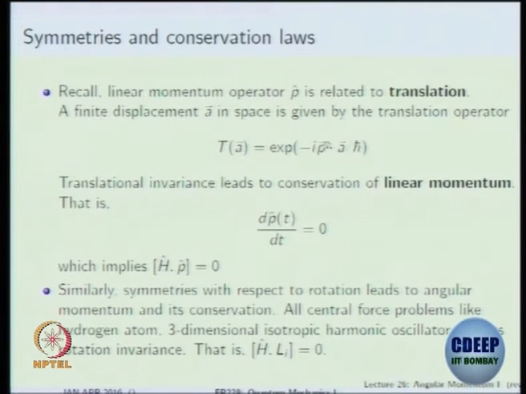This is the operator, and if you are in 3 dimensions, you have 3 operators, px, py, pz. Similarly, you will have 3 parameters, ax, ay, az, because you have to say how much it is translated along x, y and z, and you get the finite translation operator written as an exponential.